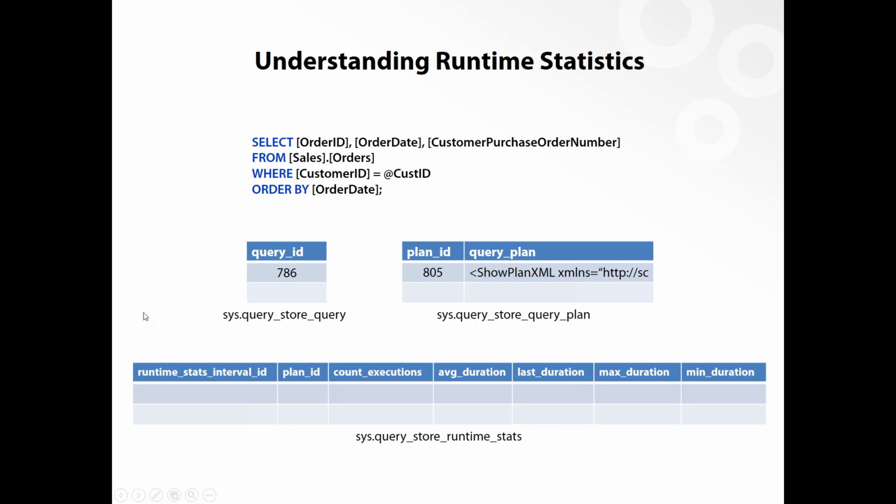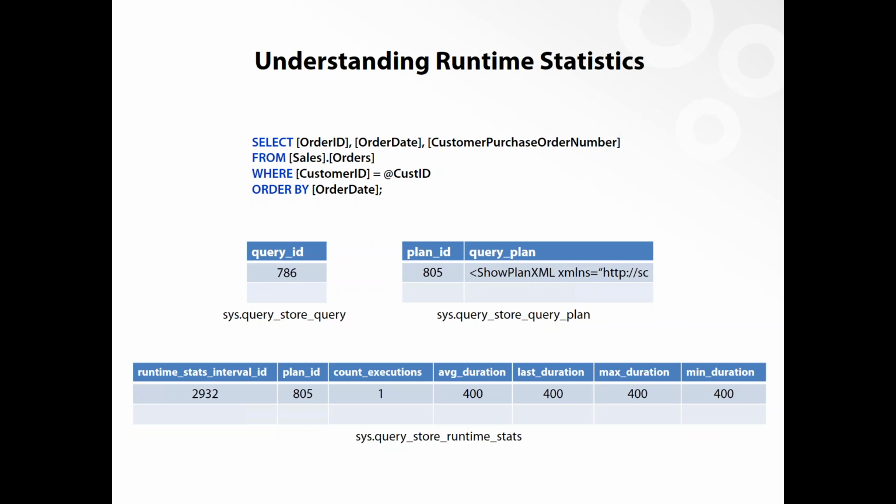Now our runtime stats, the first time we execute that query, we get an entry into the runtime stats view, which is for this specific plan for a particular ID, where the ID represents an interval of time. So the first time it executes, we get this information, and our duration data is just what I'm using as an example.